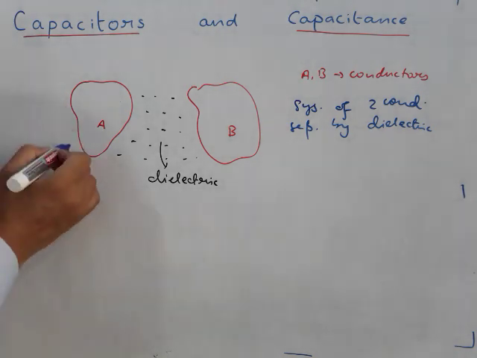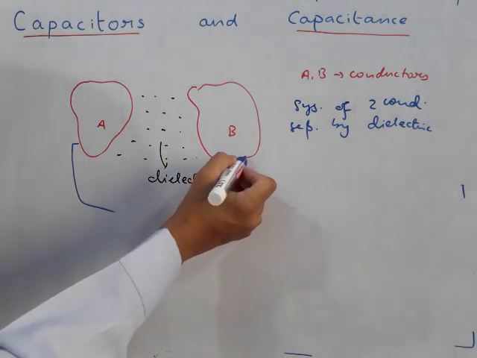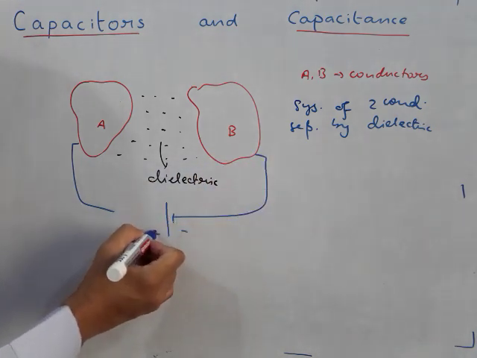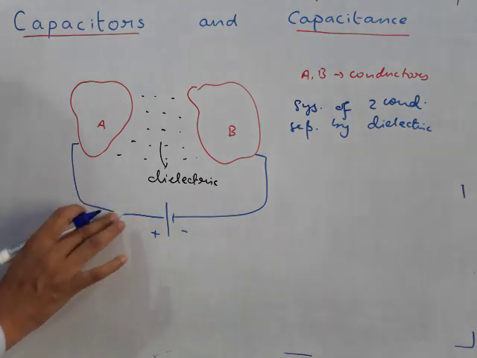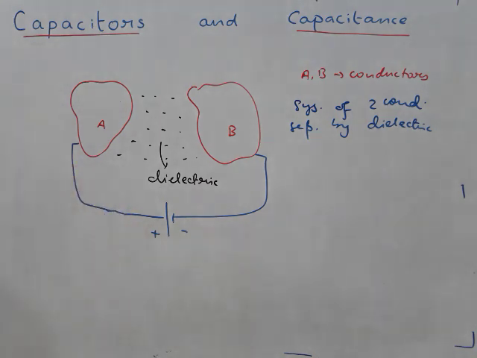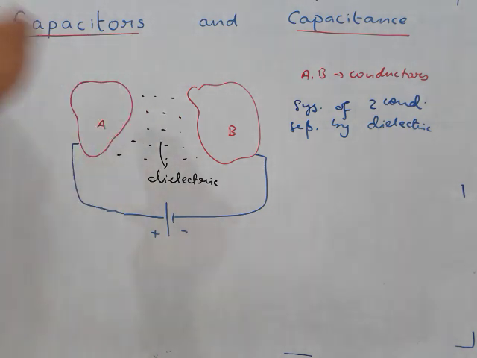Then what we do? We connect these two conductors to a battery like so. So what would happen? The battery will supply some charges, and remember this circuit is not complete because this is a dielectric insulator. It does not allow the charges to flow across it.